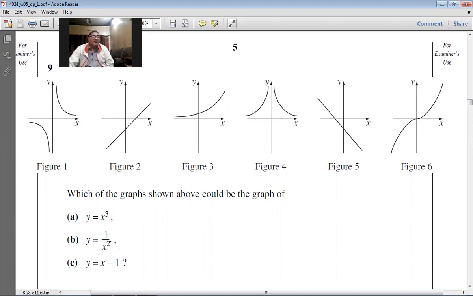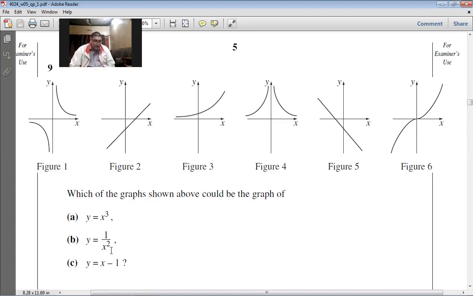Then this question, y equals 1 by 2 x squared. Basically, y is inversely proportional to x squared. So at x equals 0, y will be infinite. If you put positive 1, 2, 3, 5, the graph will be positive.